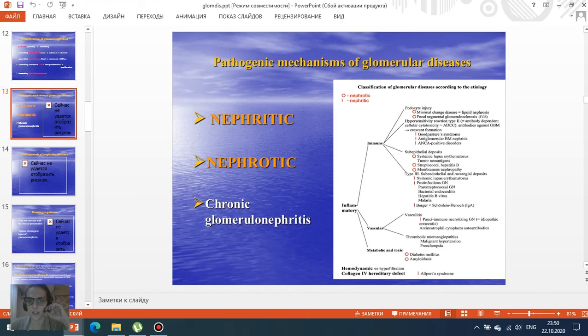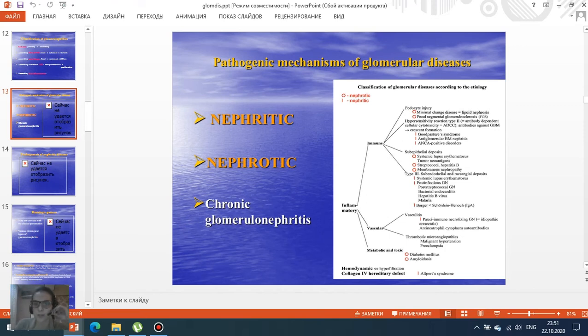So at first we have inflammatory, second immune and podocyte injury, which may be in minimal change disease, lipoid nephrosis, or focal segmental glomerulosclerosis, subepithelial deposits in systemic lupus erythematosus, streptococci, hepatitis B, membranous nephropathy, metabolic and toxic after diabetes mellitus and amyloidosis, and all of these form glomerular disease characterized by nephrotic syndrome.